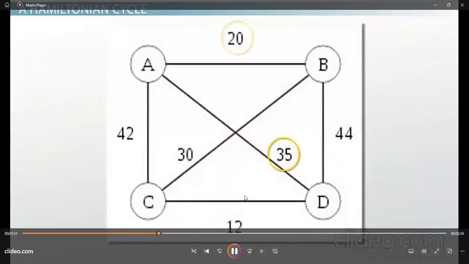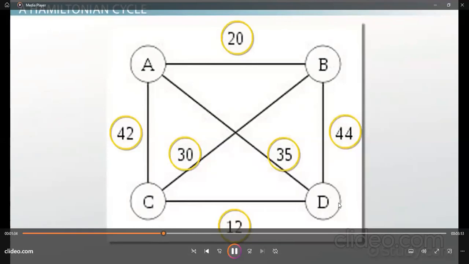You can consider this graph, and these yellow circled values are the weights to connect two vertices. From these weights, we have to calculate and choose the minimum cost to reach all the vertices, but you have to visit each node only once.